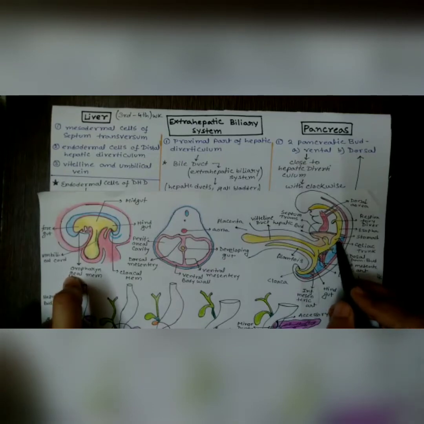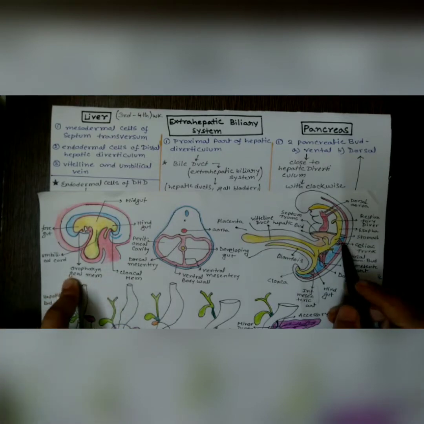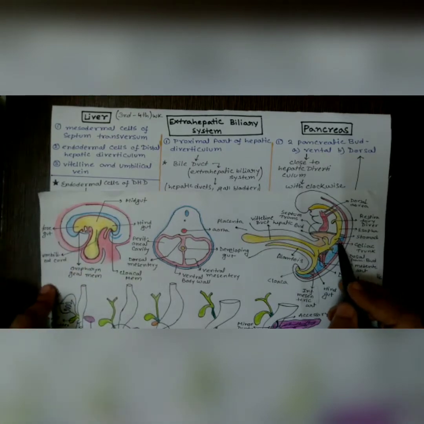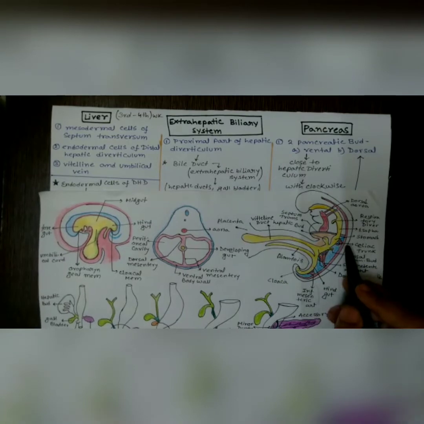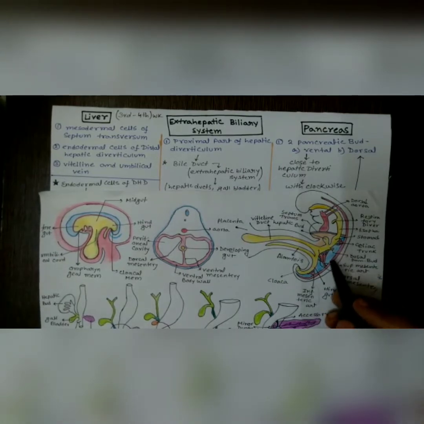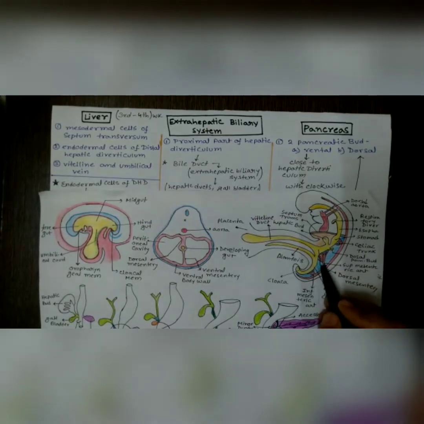This will go on to increase and convert into the adult celiac trunk, and you know that branches of the celiac trunk will supply the foregut, branches of the superior mesenteric will supply the midgut, and branches of the inferior mesenteric will supply the hindgut, right?